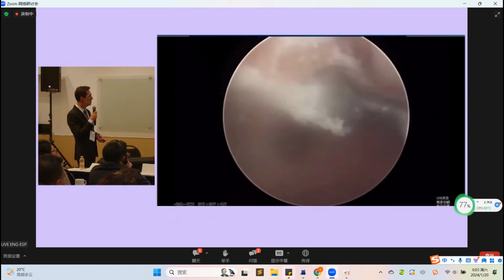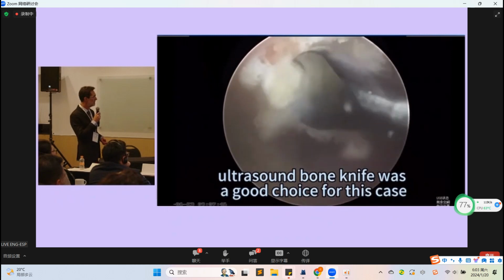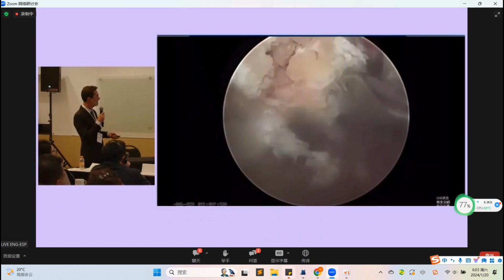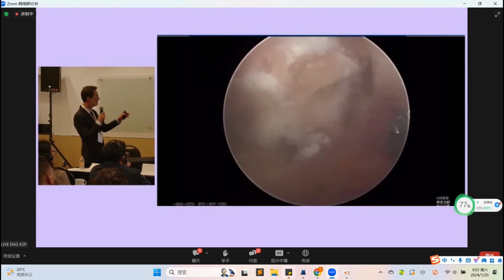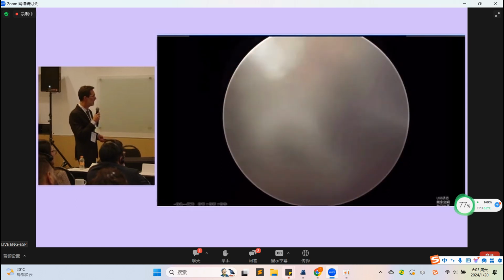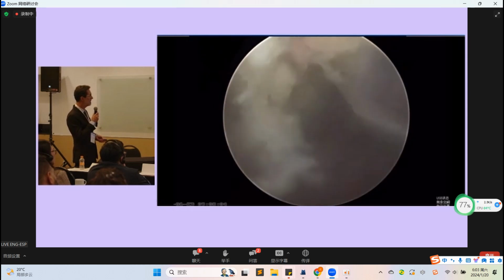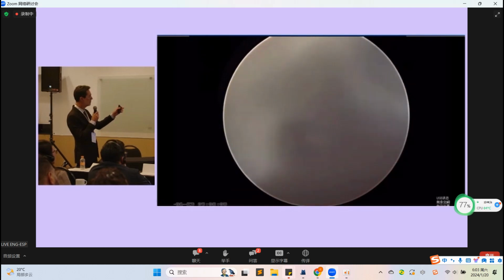We can use it to reduce the ossification, and we can see that it's possible to use around the spinal cord, like in this case, and preserve all surrounding structures.